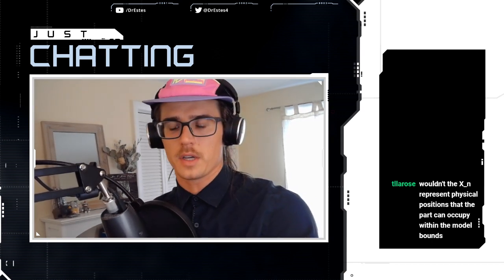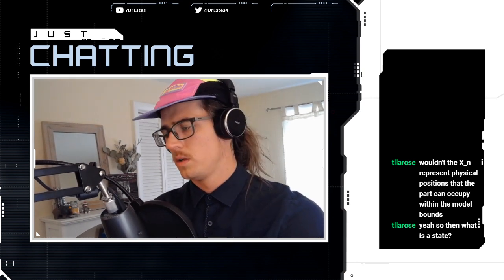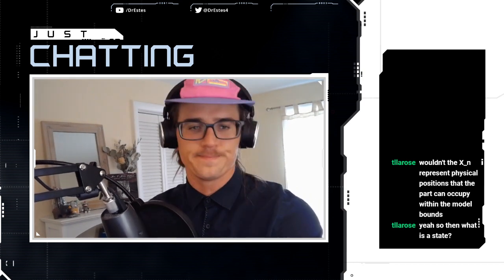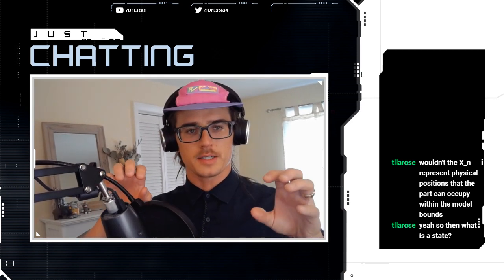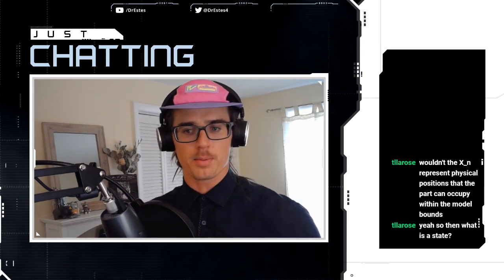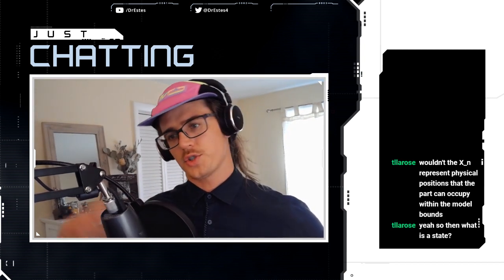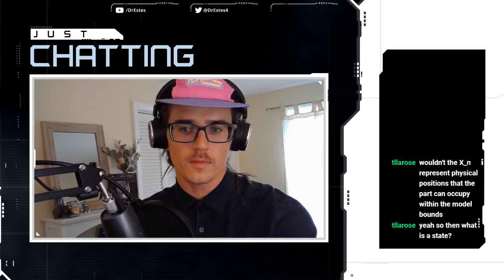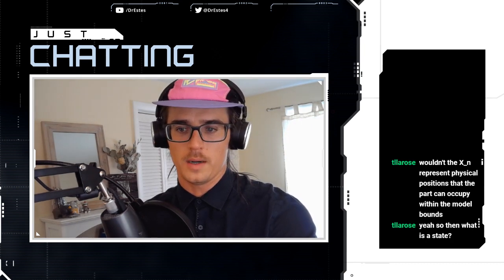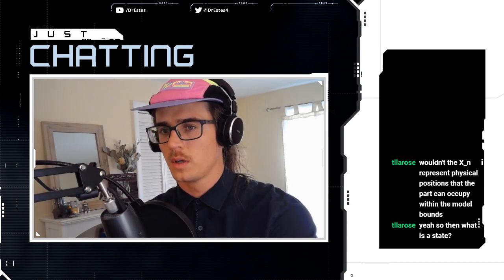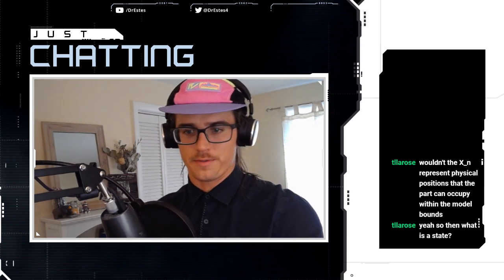So I guess you're right that if you think of a general flexible body as a bunch of rigid bodies connected together with springs and dampers, you could have states be the position and velocity of each node. So that's happening in finite element models and stuff. But states don't always have to be physical.